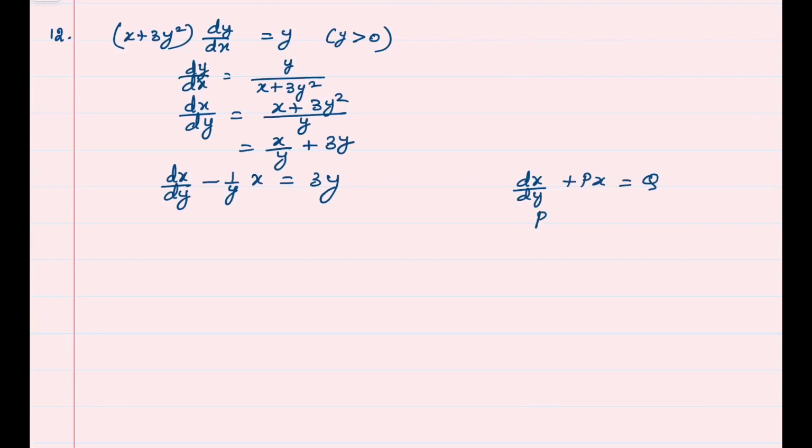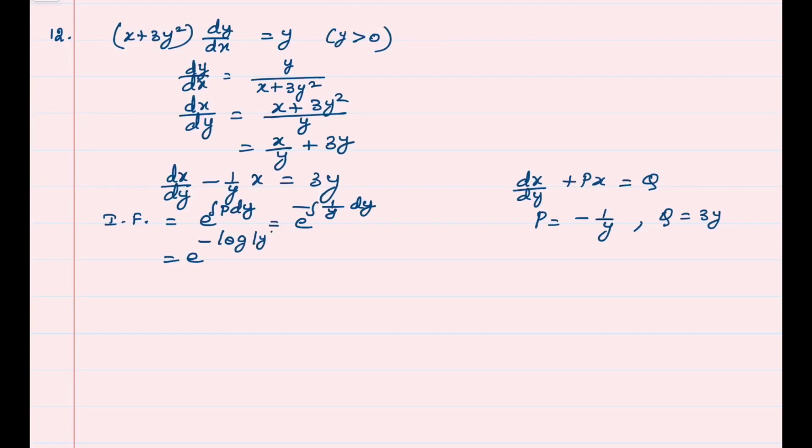P is minus 1 over y and q is 3y. In this type, p and q are functions of y or constants. Let us find the integrating factor. E power integral p dy. E power integral p is minus 1 over y, which is e raised to minus log of absolute value of y.